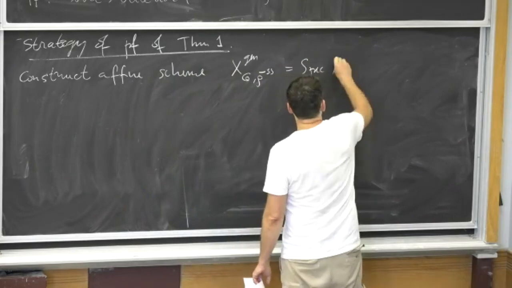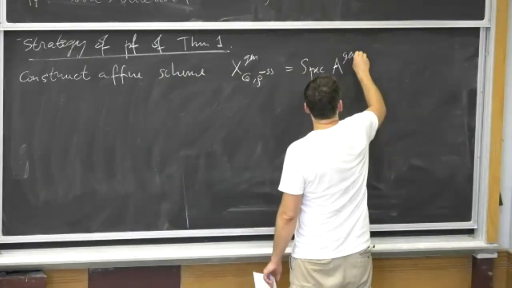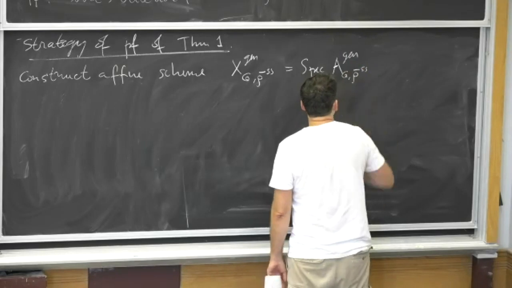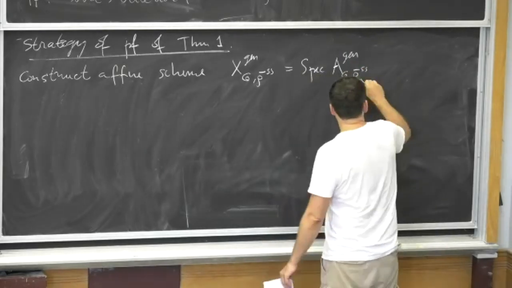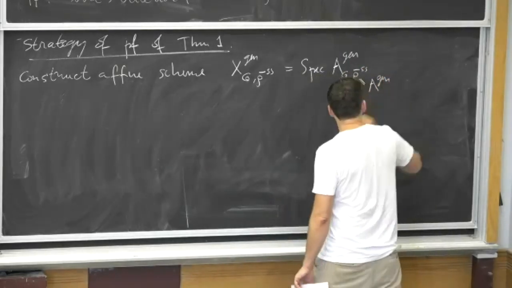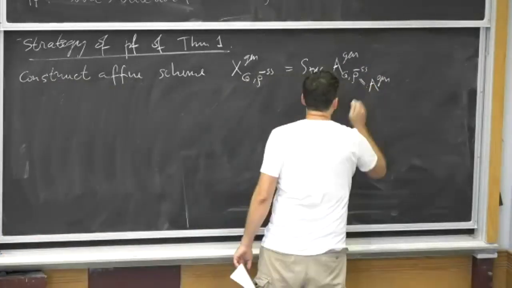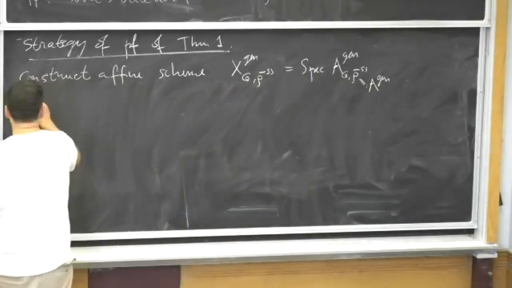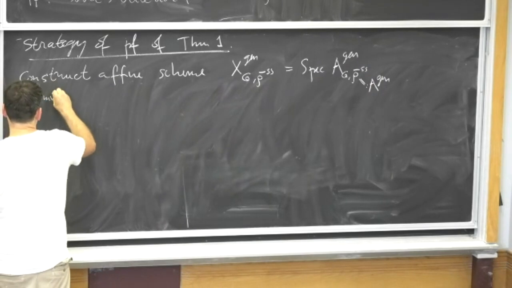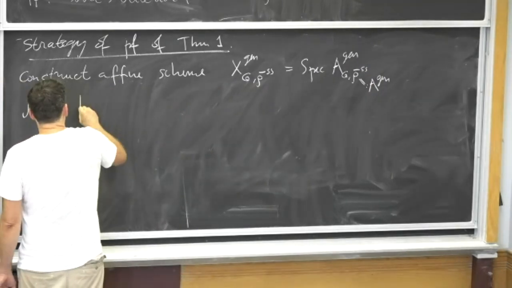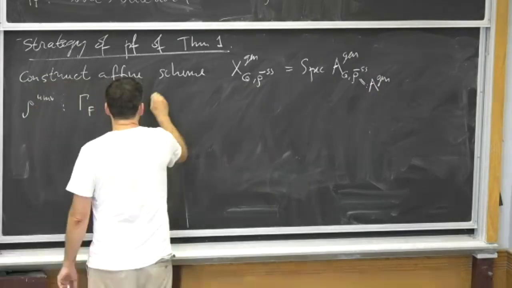So this is going to be affine. Relate this to A gen, which stands for generic matrices. So over this you have a universal representation.